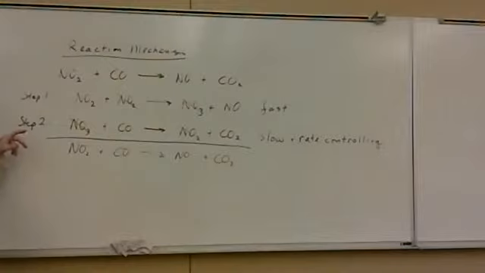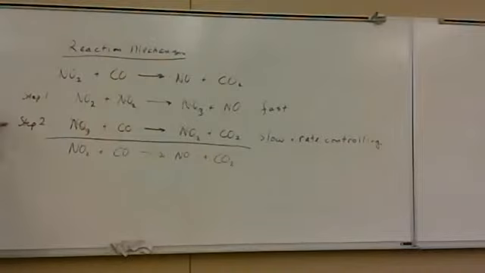Now, if we determine the overall rate for the experiment, we do the rate law, and we know something about this slow rate, and it's equal to that rate, then we're on the right track.